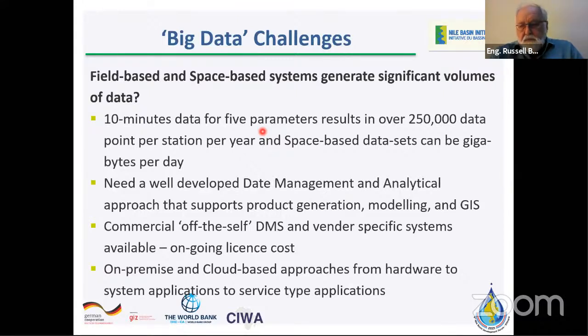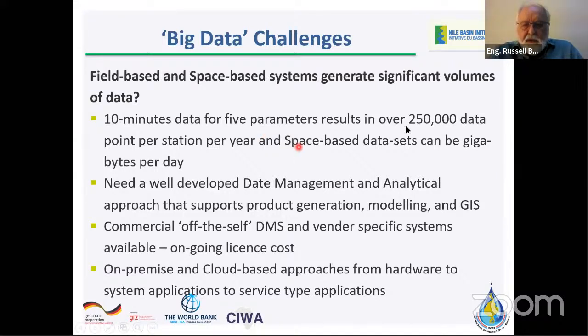If you have battery voltage, a preset gauge, or another station health characteristic, such as moisture in the data logger, you can quickly generate 250,000 data points over one year for one station. And I think you'll recall, Mark Woodbury did a calculation yesterday where one reading per day for 20 years would generate roughly 8,000 data points.